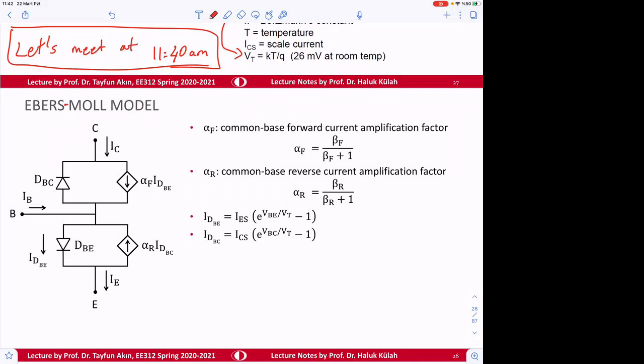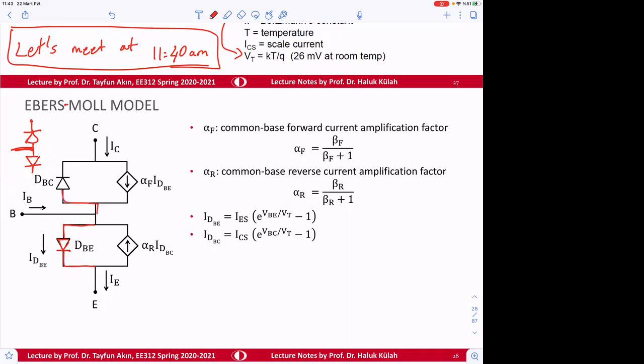We will be talking about the EBR small model. We keep saying that the device is like two back-to-back diodes. But if we look at the other operation modes, this is going to be looking like this diode, but as if there is another element here.